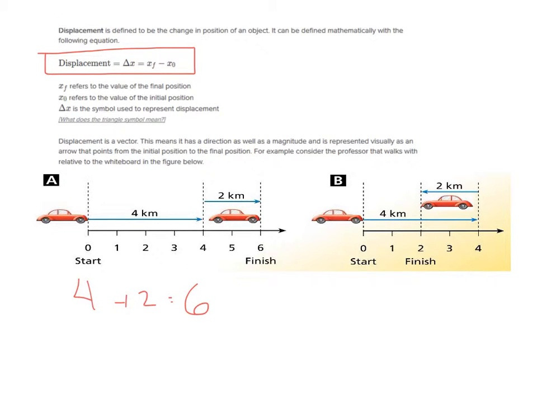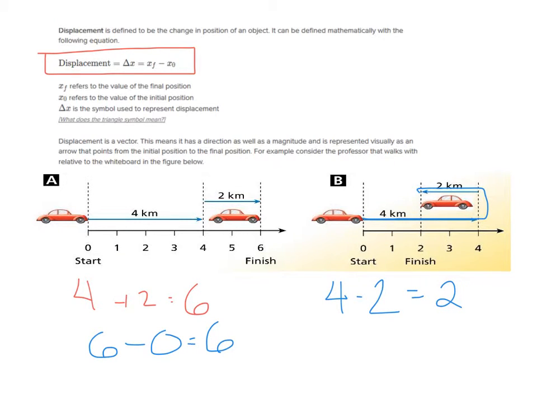Whereas your textbook says that the formula should be 4 plus 2 equals 6, in reality, our final position is 6, and we should subtract our initial position. Now, it's important to notice that in this case, the answer is the same. 6 minus 0 is still 6.